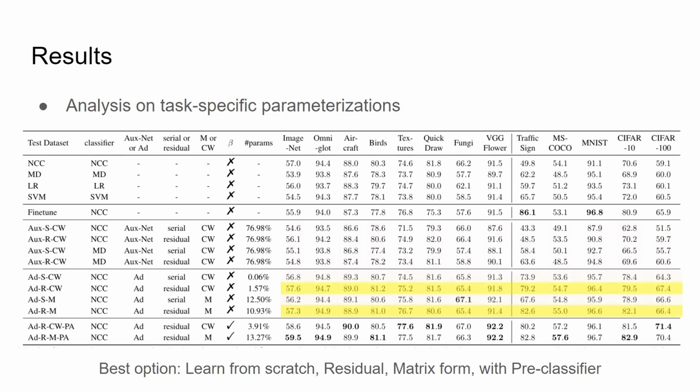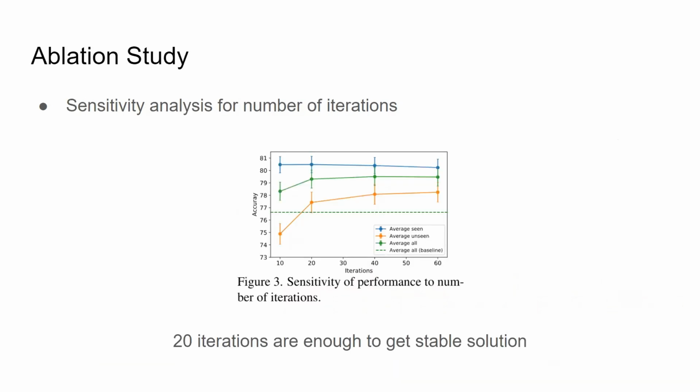It's because the residual connection doesn't affect the pre-trained connections, so the network becomes robust. Matrix form parameterization worked better, and the pre-classifier improved the performance. As a result, the best options are training directly with matrix form residual adapters with a pre-classifier.